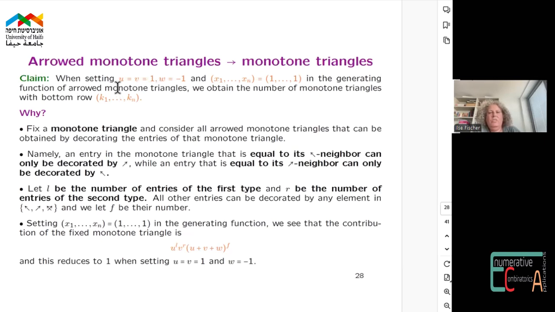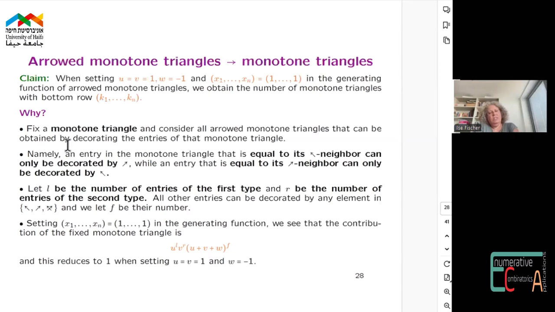When you set the parameters u and v equal to 1 and w equal to -1 and all xi's to 1, then you get from the generating function of arrowed monotone triangles the number of monotone triangles with a particular bottom row k1, k2 up to kn. These were also some parameters in the Robbins polynomials. So with the rest of the slide, I try to convince you that this is the case.